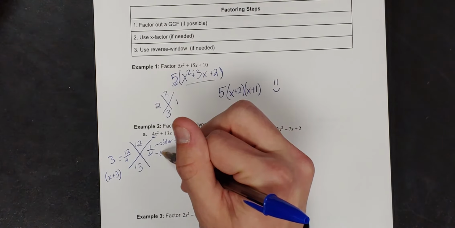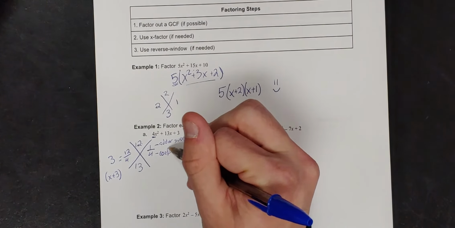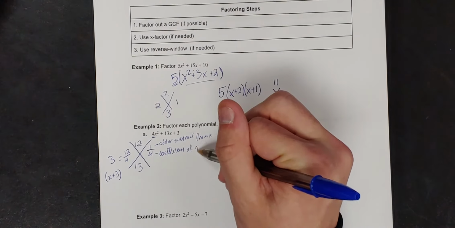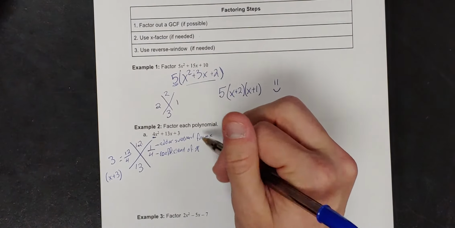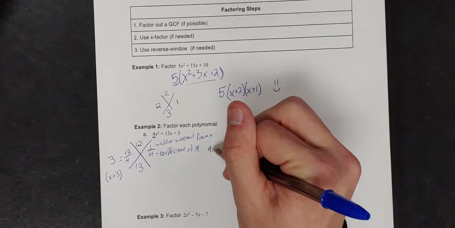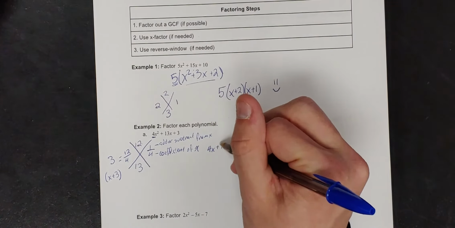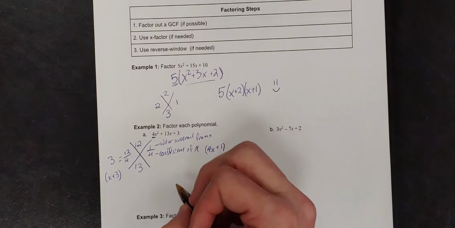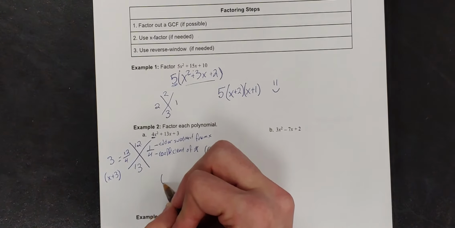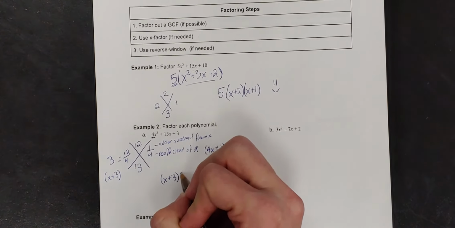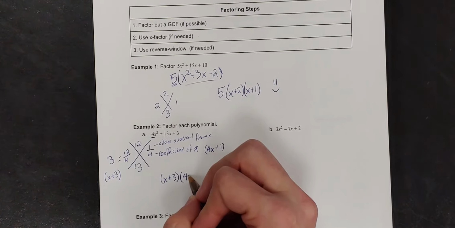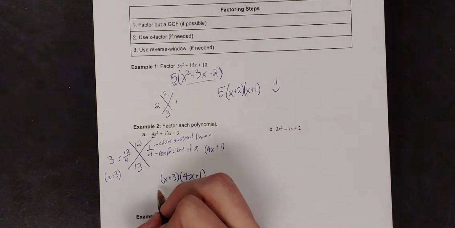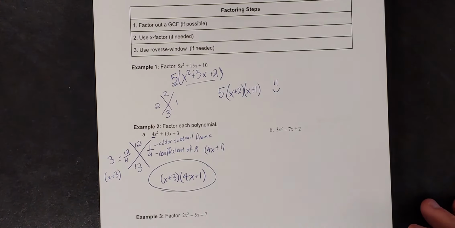In this case, this is the coefficient of our x. So that means we have 4x and then plus 1. Now what I need to do is smush everything together. So I have x plus 3 times 4x plus 1, and that's my answer.